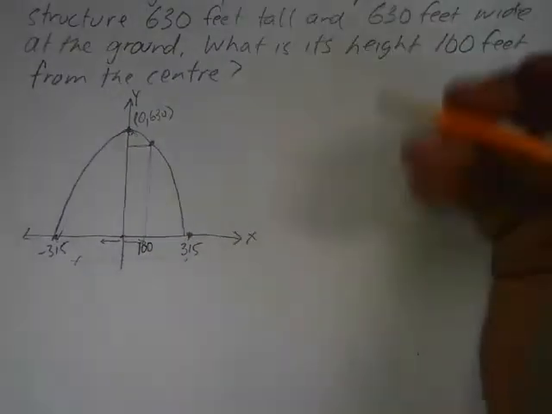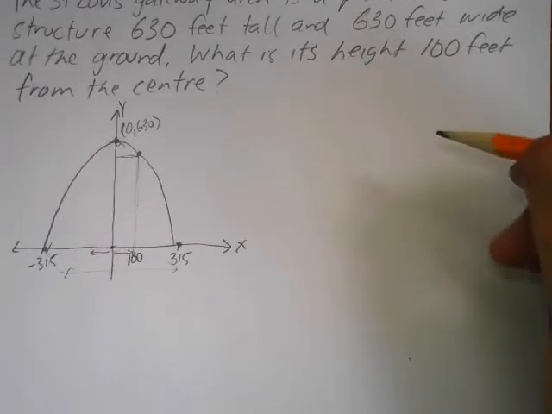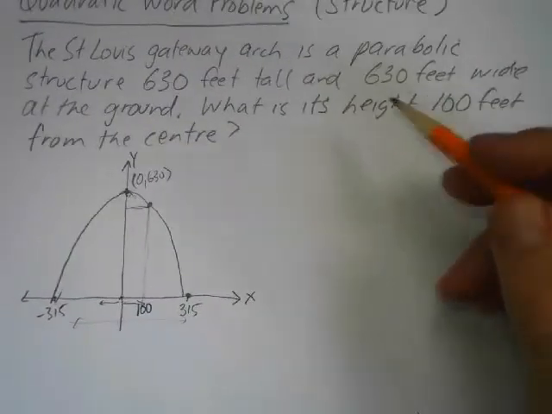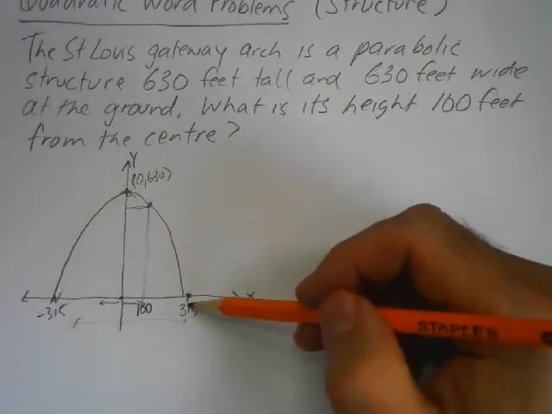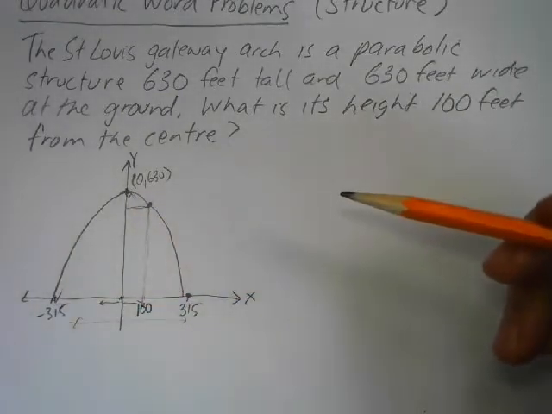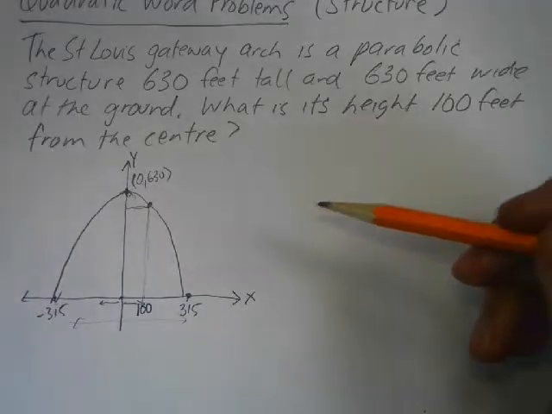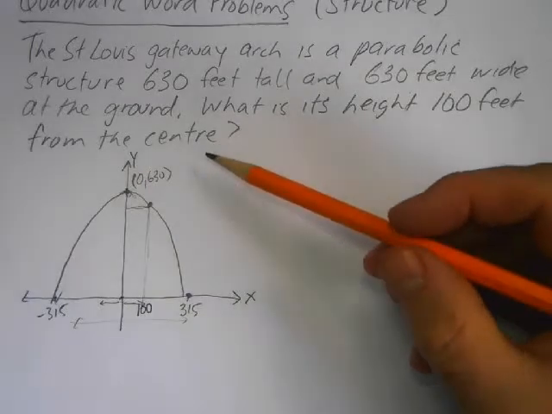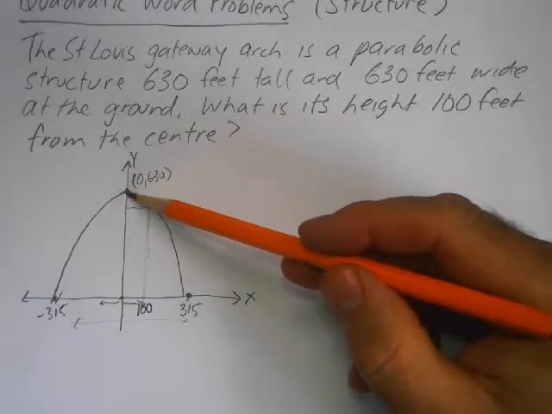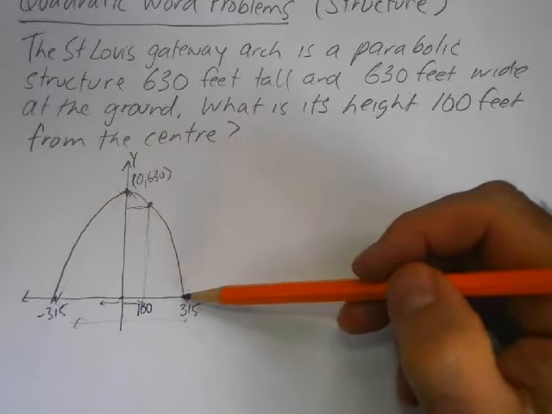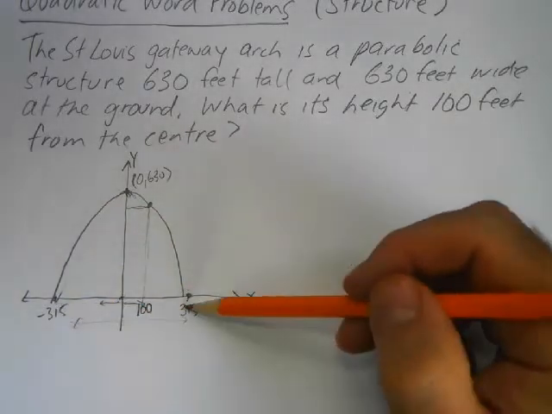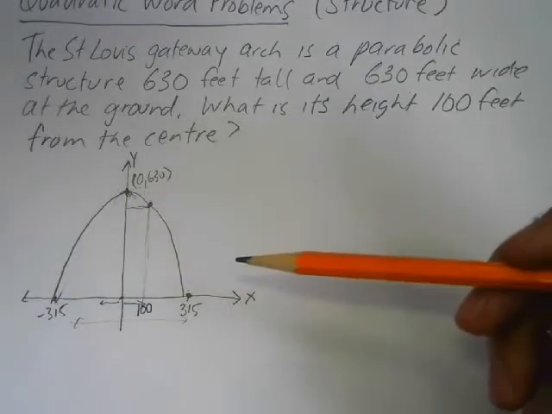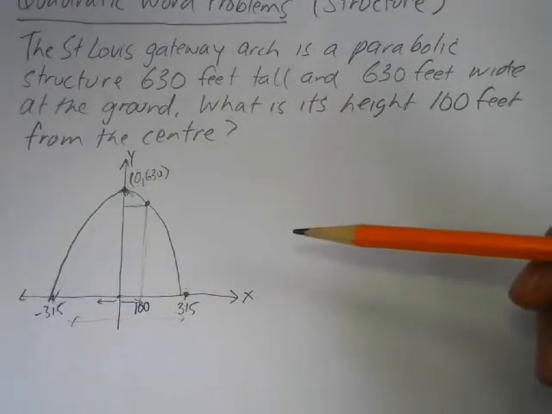Now, the problem here is, obviously, I don't have an equation. Hopefully this should be pretty straightforward. We've got the vertex and the x-intercepts, and we have several options on how to build this equation. You could start with the vertex, build the vertex form, and from the vertex, add one of these two points, or you could put in the two x-intercepts in your factored form and then add the vertex as your additional point.